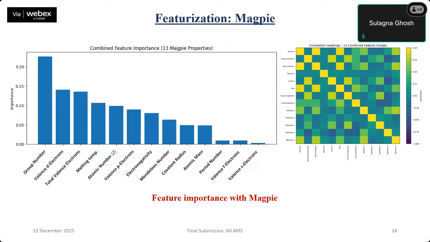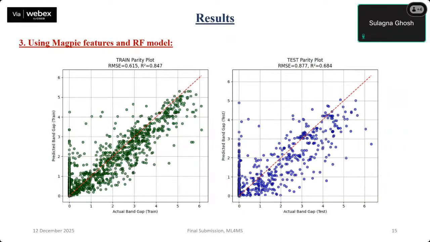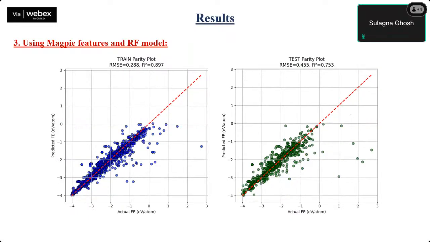Now, using these Magpie features, as we run our random forest model, we see that compared to our previous slide, the band gap prediction is better. We have done formation energy prediction also, and it is also quite good.